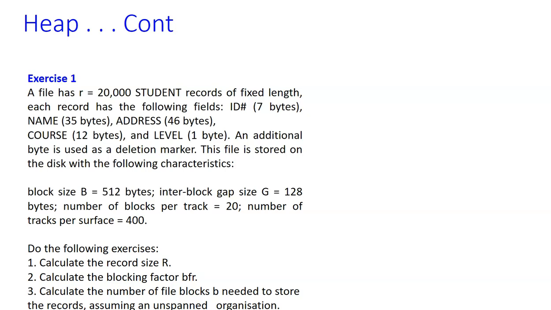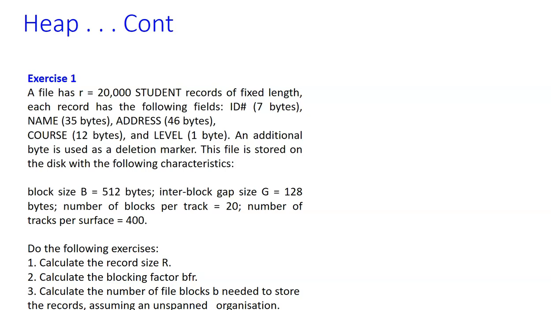Remember the disk has what we call tracks. The number of blocks per track is 20. That means the hard disk has many tracks, they are circular, and for each track you can have only 20 blocks. The number of tracks per surface is 400.